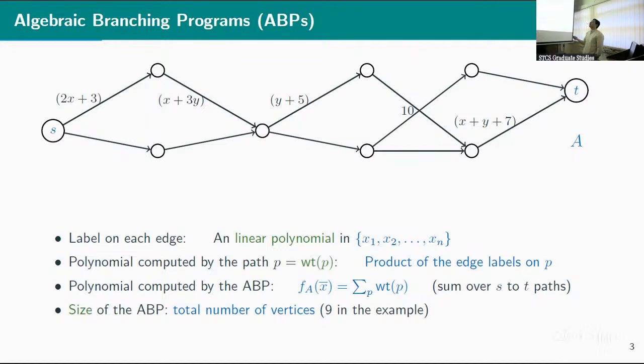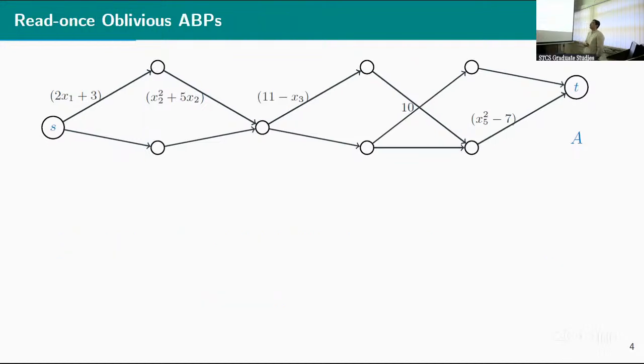So what are read-once oblivious ABPs? Now we are going to change the edge labels slightly. It's a different kind of simple polynomial. Instead of being linear forms on all the variables, they're going to be univariate polynomials.